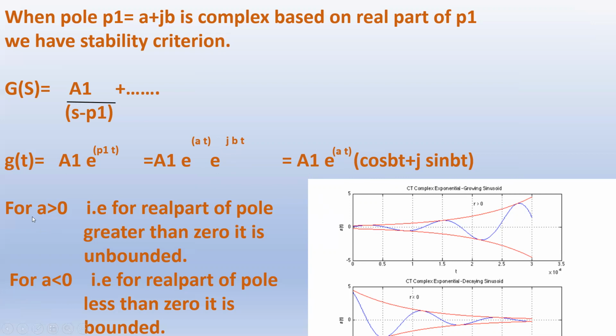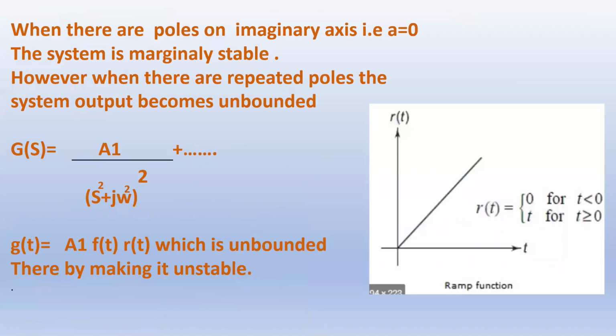If a is greater than 0, the output is exponentially increasing and unbounded, which is not required and makes the system unstable. A is the real part of the pole. If a is less than 0, the system is bounded because of the exponentially decaying sinusoids.